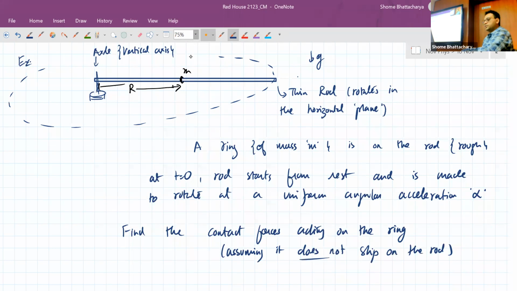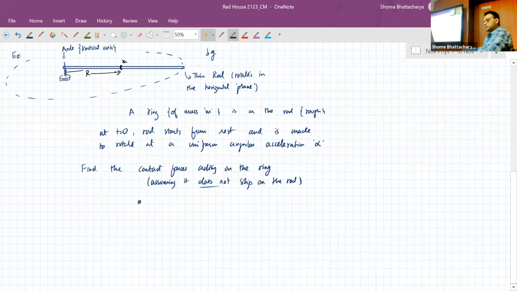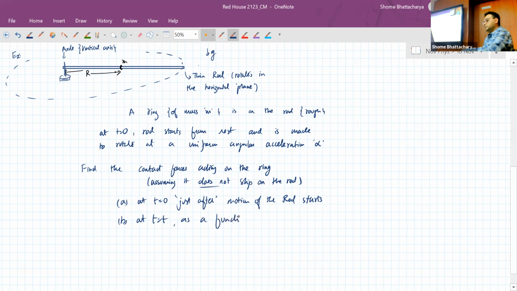Okay, and we have to find these contact forces at time t equal to 0, just after the rod starts moving. Just after the motion of the rod starts. And then again, we have to also find it at some time t equal to t as a function of t.